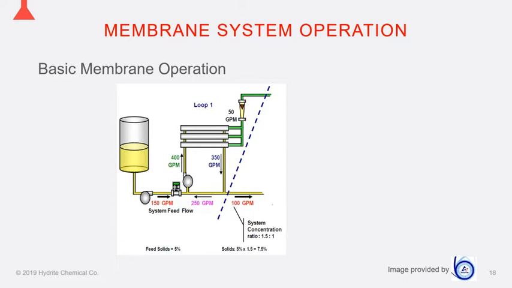Now, if I did not have that recirculation pump, which is the pump feeding into the housing, if we could just ignore that for a minute, if that pump wasn't there and I fed into my housings at 150 gallons a minute, I would only have 50 gallons a minute going through the 3 vessels. That 50 gallons a minute, if you remember, I said I need a minimum of 100 gallons a minute per vessel, that would provide me with very low flow across the surface of the membrane.